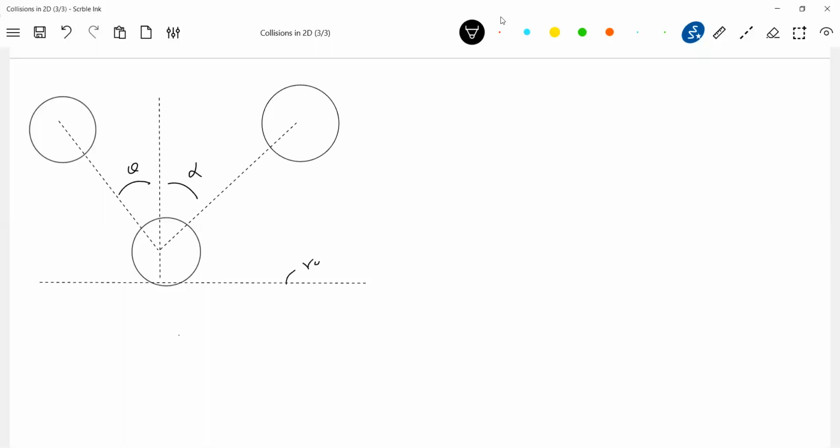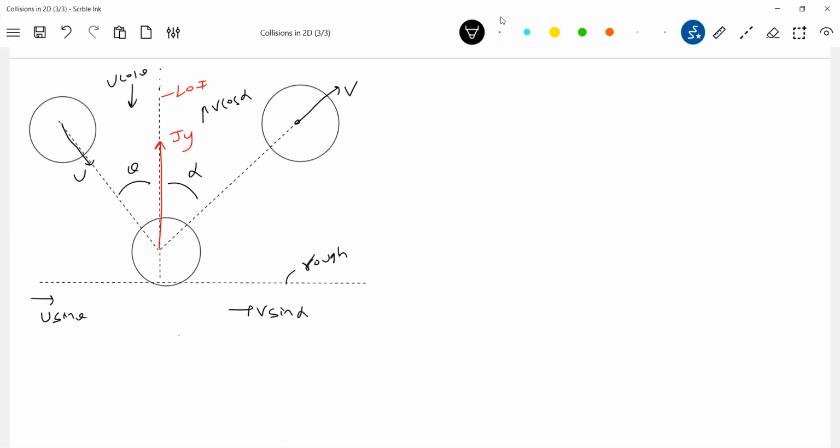Let this be a rough surface. It is approaching with a speed u, it will rebound with a speed v. Normal contact will act, Jy, so there's a line of impact. What are these speeds now? U cos theta, it will rebound with v cos alpha. Initial momentum along the x-axis will be u sin theta. After rebound, it will be v sin alpha.